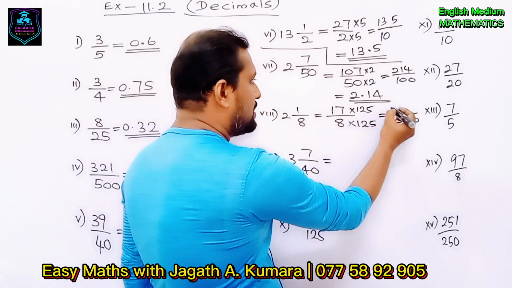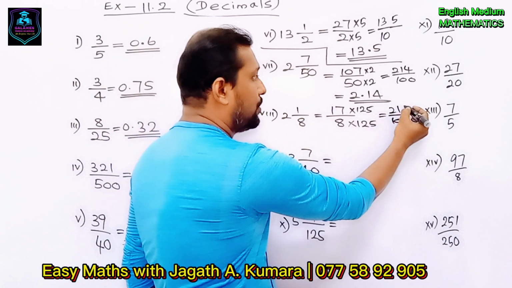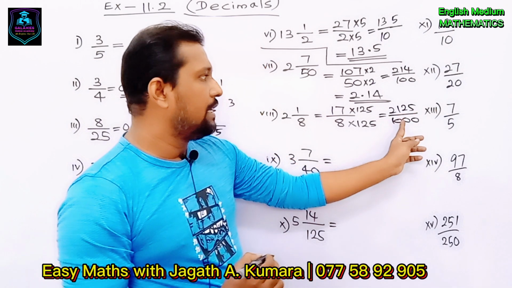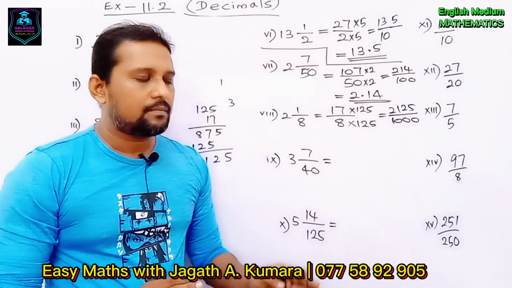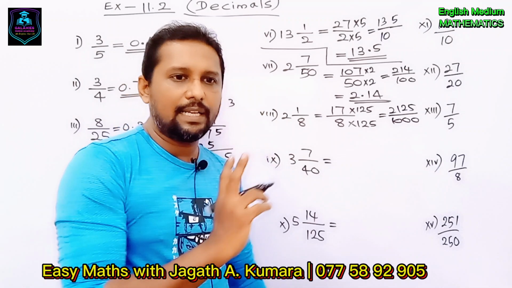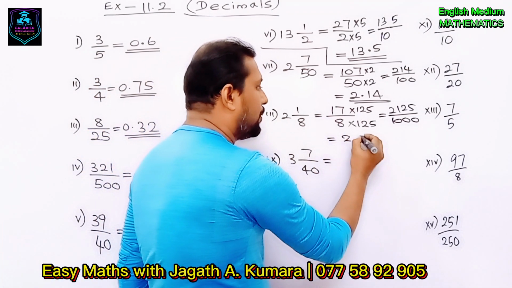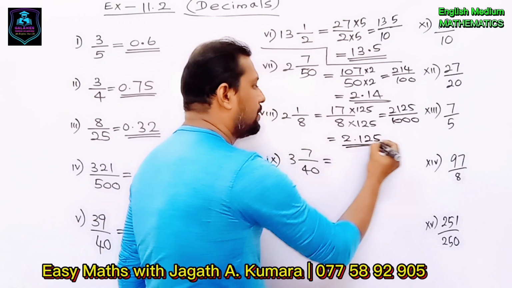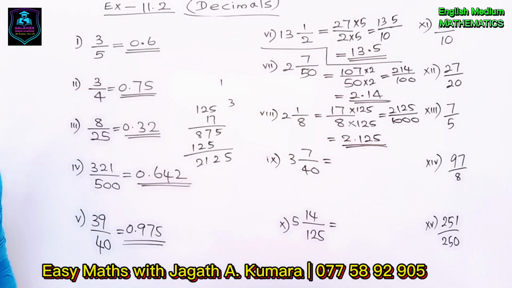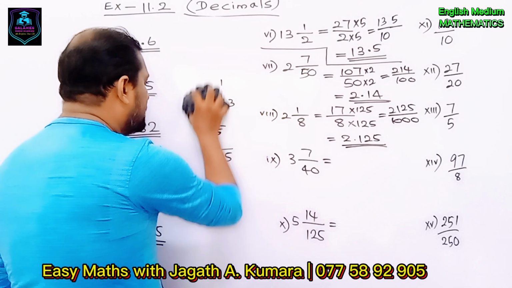So what is the answer? If the denominator is 1000, you have to keep 3 decimal places of the numerator. So the answer is 2.125. It is the 8th part.